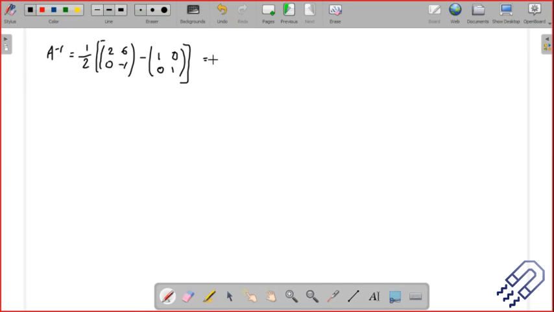We'll just keep it in terms of half, I guess, and just write it as half of 2 minus 1 is 1, 6 minus 0 is 6, 0 minus 0 is 0, and then minus 1 minus 1 is minus 2. We'll just keep it like this. But this should be my A inverse, okay? Check. Let's do a bit of check.